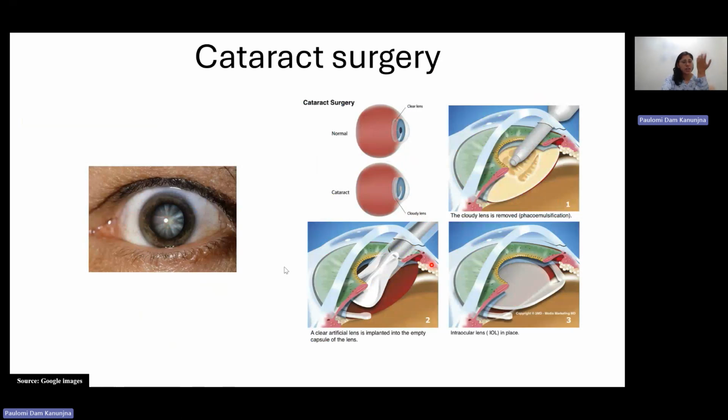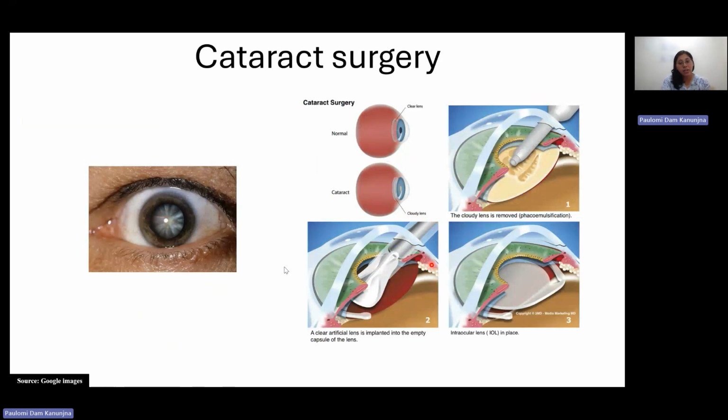Other than that, you have eye injury or trauma or medication, and cataract can also be congenital, which means it can be present since birth.